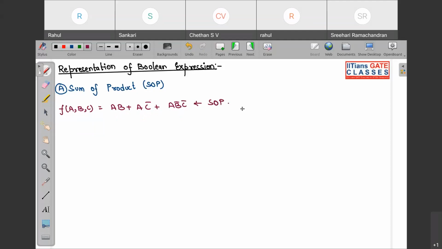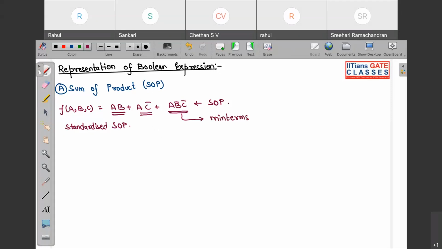Now there is something known as standardized SOP. What do we mean by standardized SOP? In SOP, all these product terms are known as your min terms.